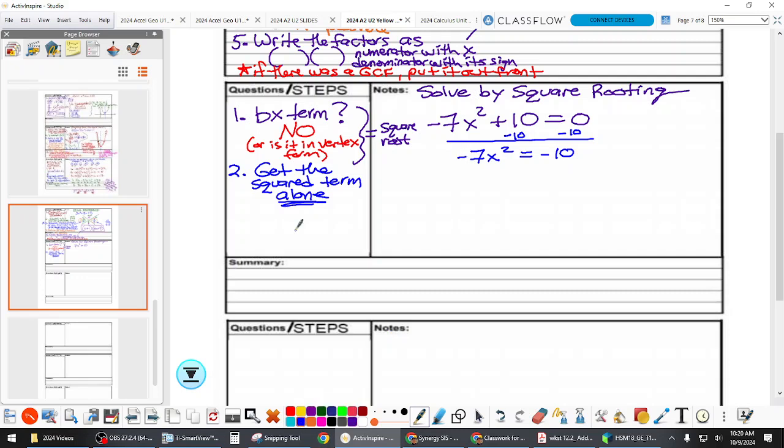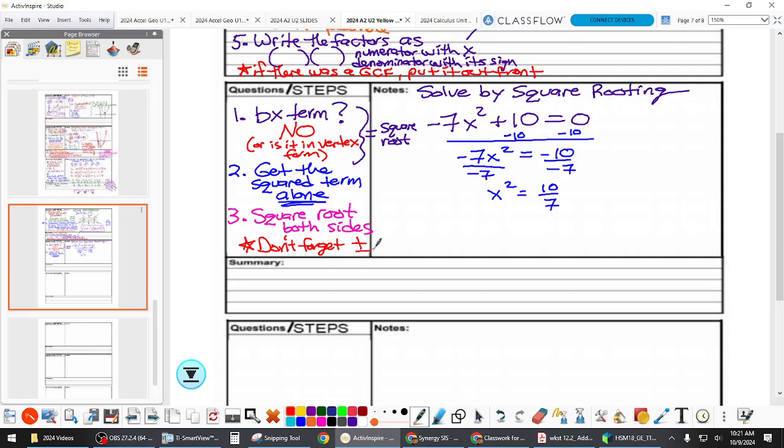We don't quite have the x squared by itself. What else should we do? Divide by negative 7. And we get x squared equals 10 sevenths. Okay? Once it's alone, square root both sides. And don't forget positive or negative.